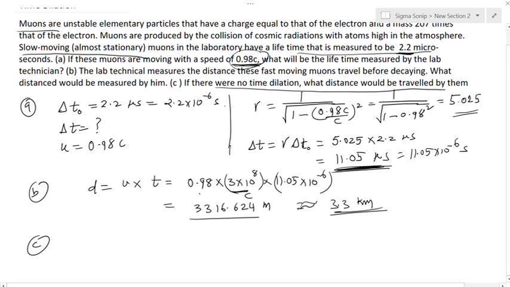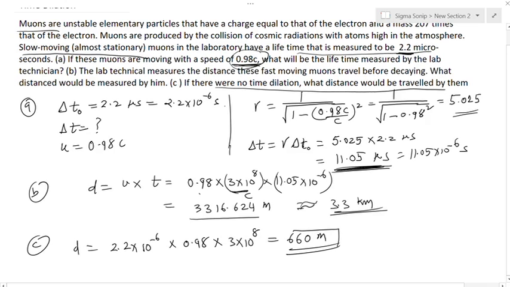The muon is living for a time of 2.2 times 10 to the power minus 6 seconds, and it is traveling with a speed of 0.98 c, and this will come out as 660 meters. So if there were no time dilation, the muon would travel this much distance on average before decaying.